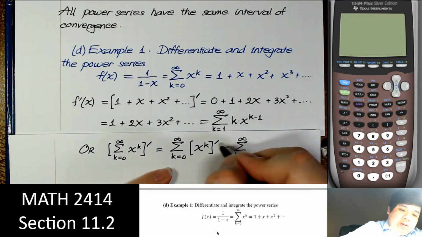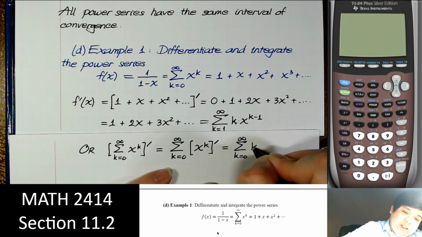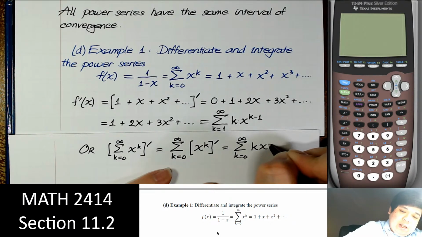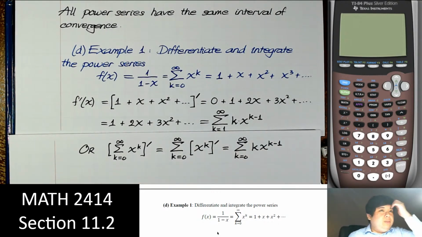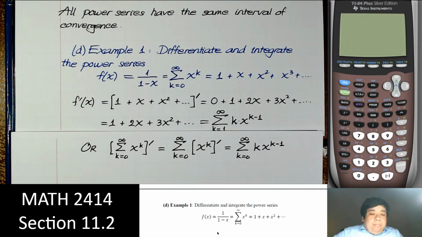When we take derivative, bring down the k and x to the k minus 1.